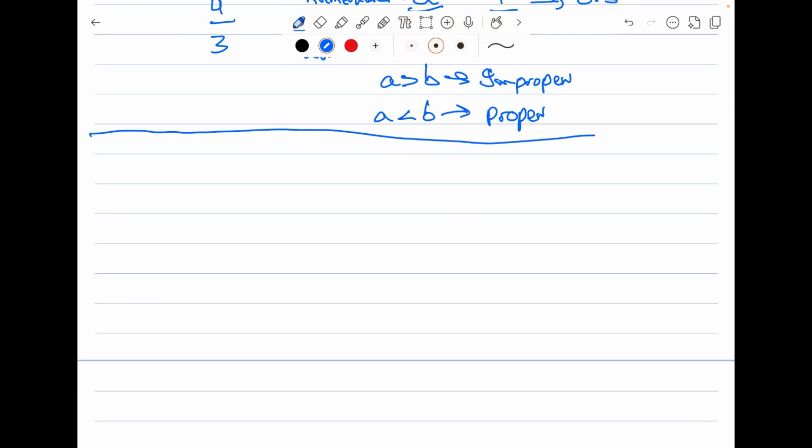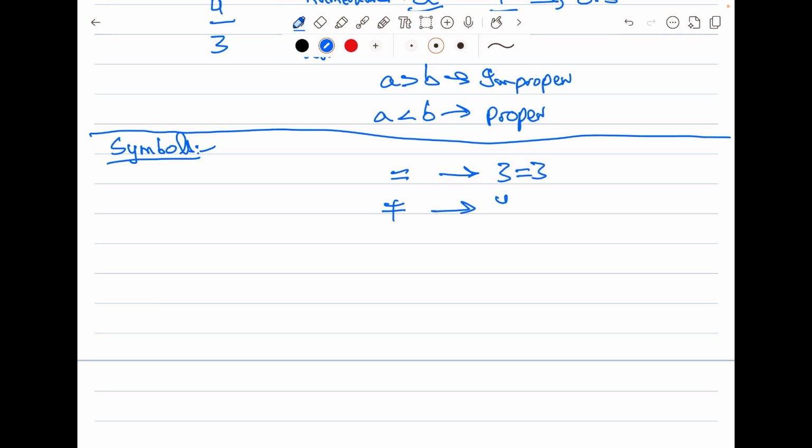So for the next topic, let's look at some symbols that are absolutely crucial and fundamental for any student of mathematics to know. And you've already encountered some of them. So this is the equal to sign, right? This is the not equal to sign. So for example, 3 equals 3, right?